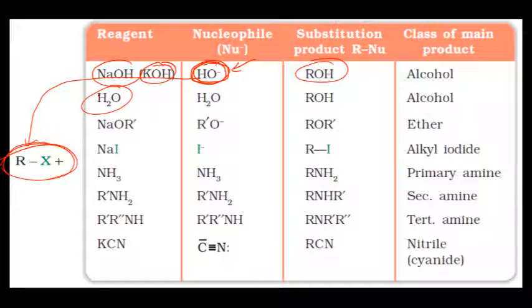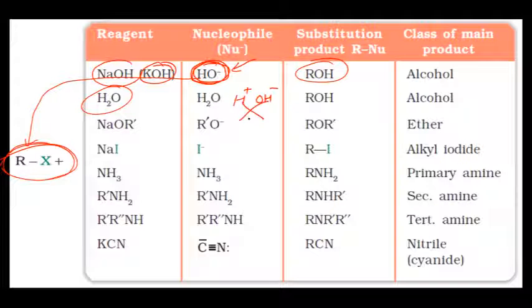Similarly, H2O will give nucleophile as H2O. Why is it written so? Due to the mechanism. Actually, first H2O gets attached to the carbon, not the OH group. So remember, here it is not like H plus OH minus.